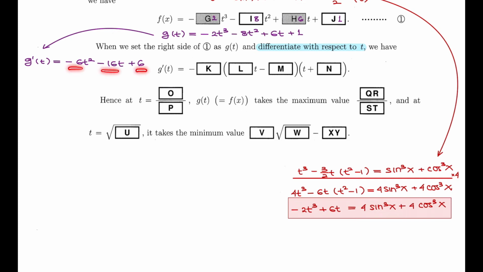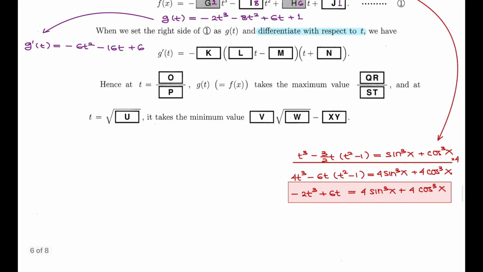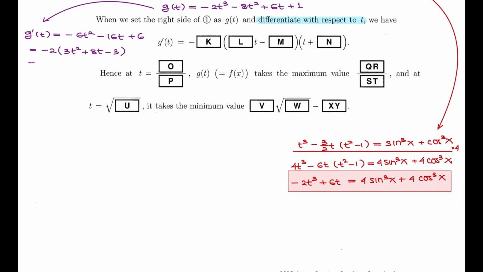All of the terms can be divided by negative 2. So I will factorize negative 2, and then the rest is 3t squared plus 8t minus 3. And then if we factorize it, we will get negative 2 times (3t minus 1) times (t plus 3). I think this is our answer.